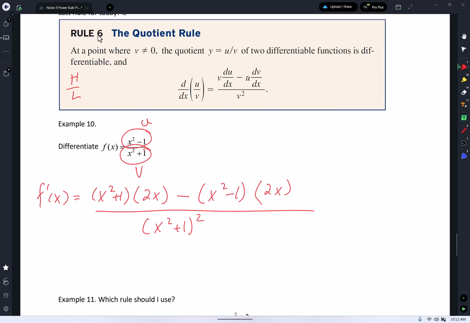Now you're just doing algebra. We just did the calculus. Calculus was just following the rule. And now you don't seem impressed. You're like, oh. No. And now we're just doing algebra, guys. Let's see. 2x cubed plus 2x minus 2x cubed plus 2x all over x squared plus 1 squared.